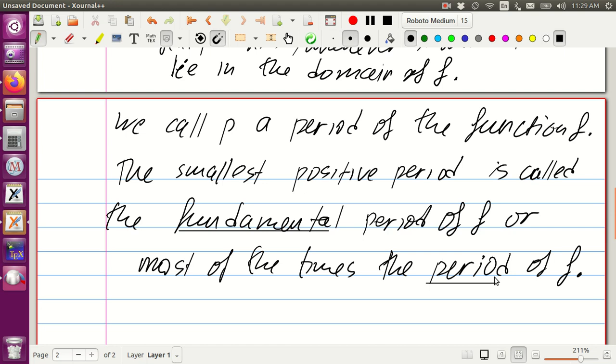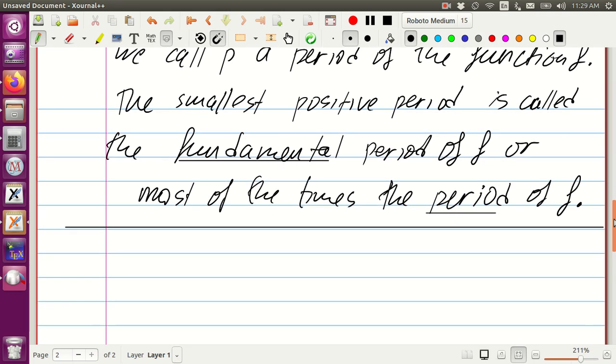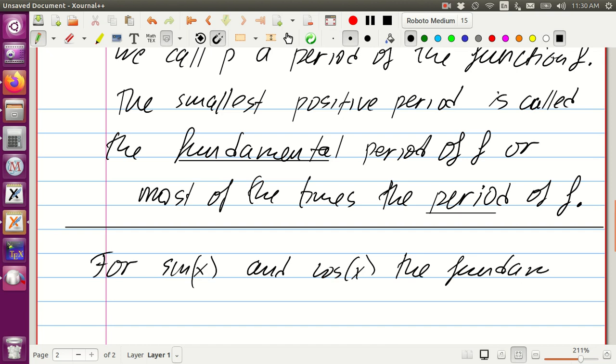All right, so we define this fundamental period. Let's try to figure out what would be the fundamental period for our functions. So we can say that for sine of x and cosine of x the fundamental period is 2 pi.